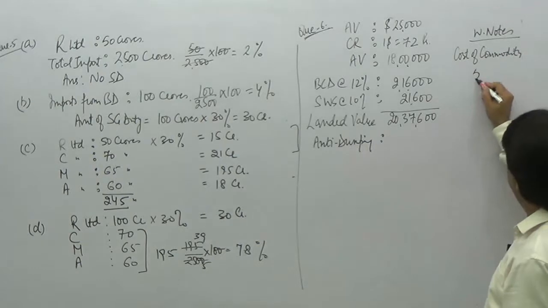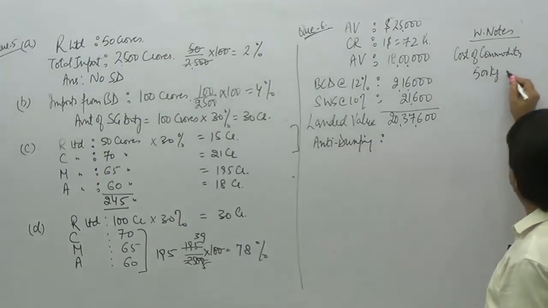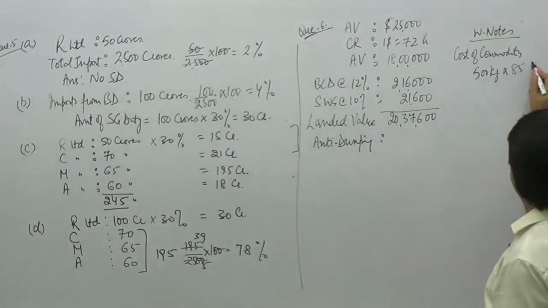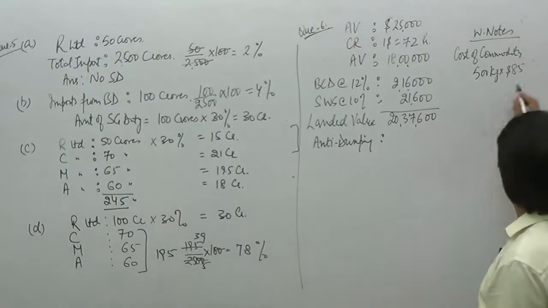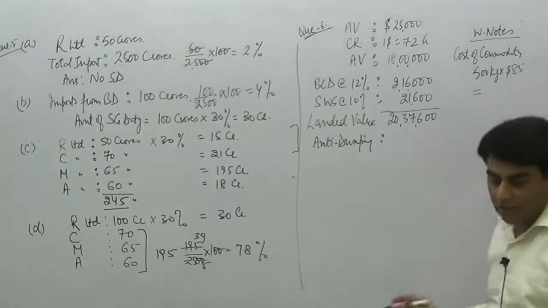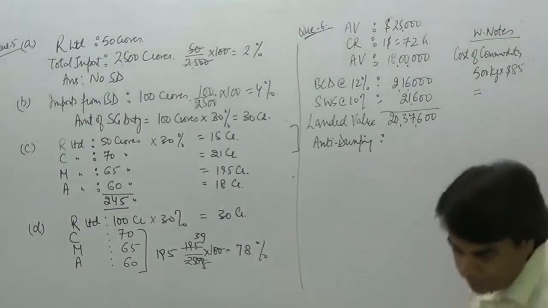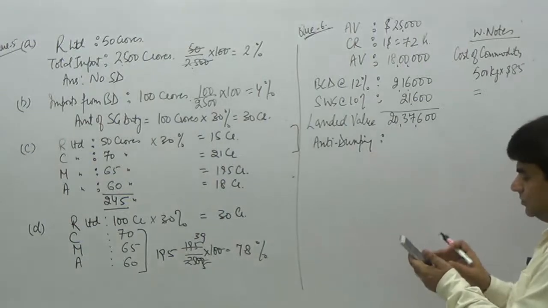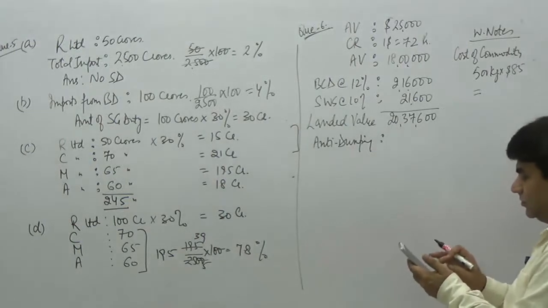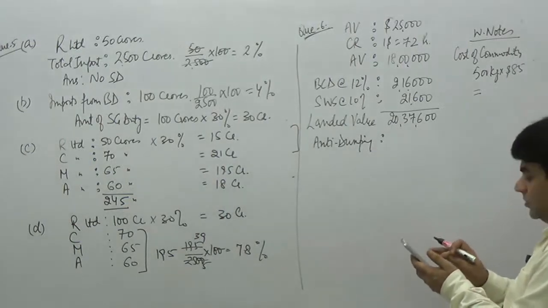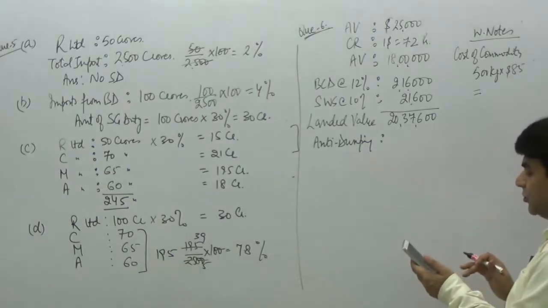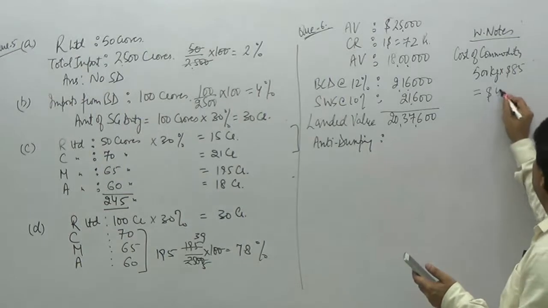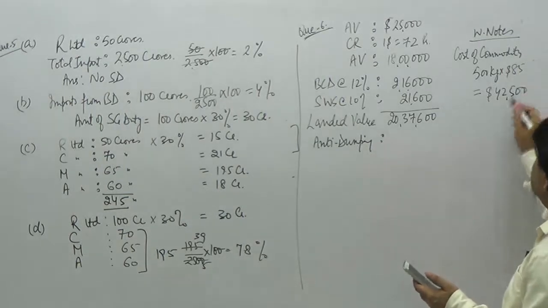So the cost of the commodity here is 500 kgs multiplied by $85. This comes to $42,500.